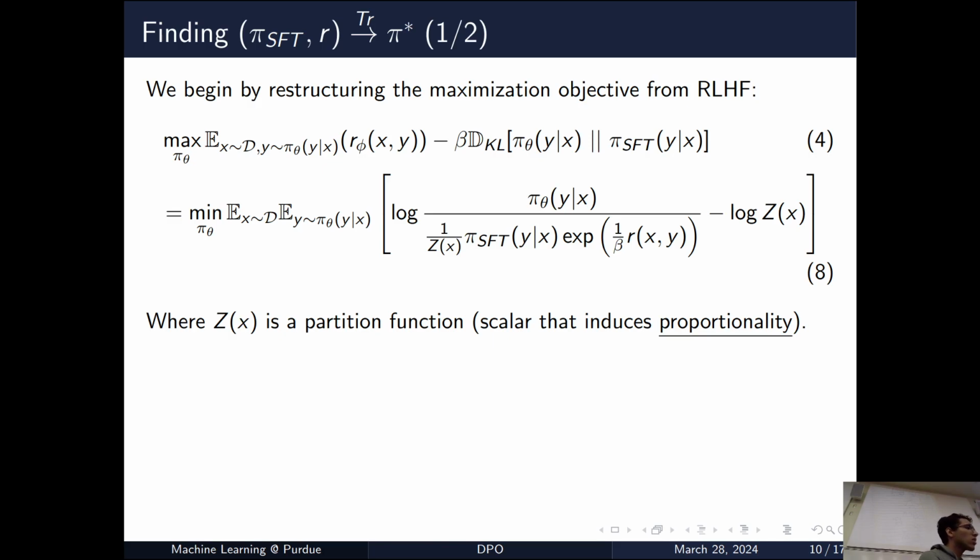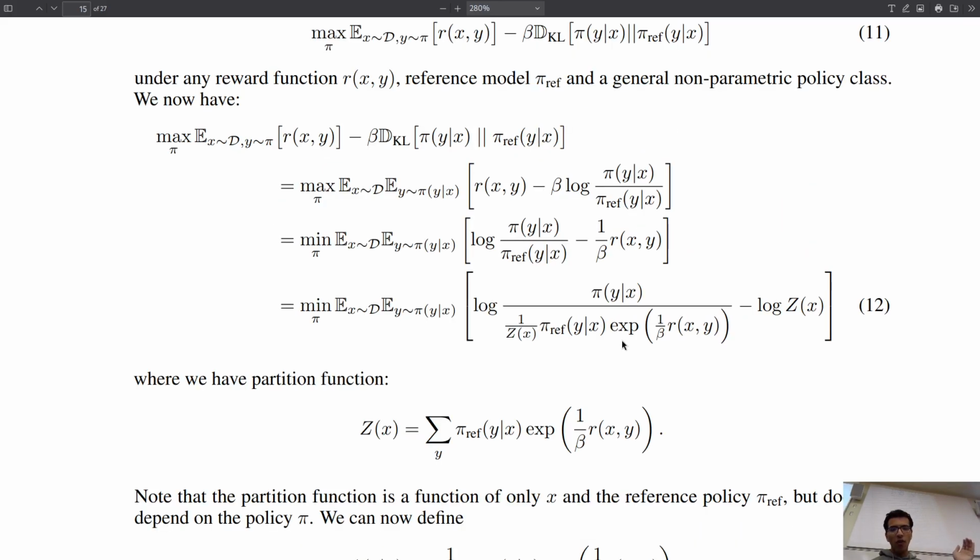And what do you mean by partition function? That's just any constant dependent on x, which is input. It's the output distribution from the SFT raised to the exponent of the reward divided by beta.